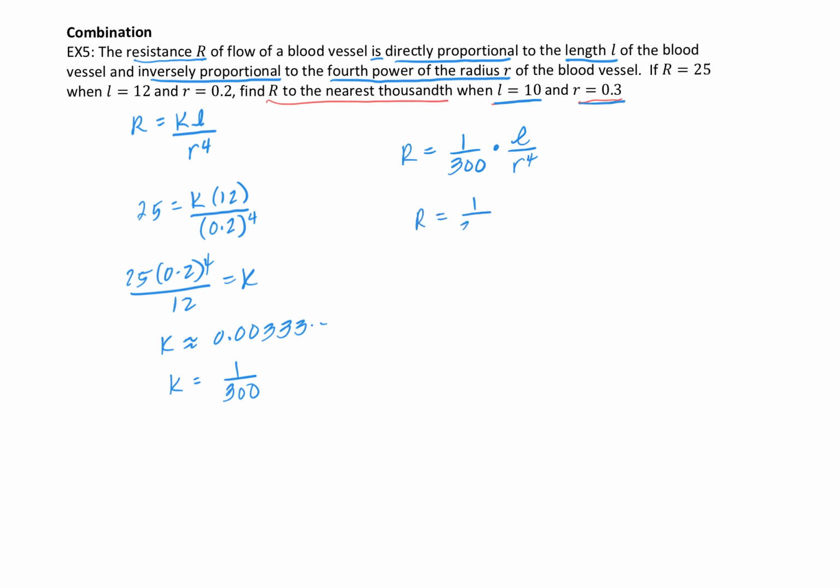So 1 over 300 times L is 10, r is 0.3, but we're taking it to the fourth power. You can just put that in a calculator. You can see that you could reduce the 10 and the 300, so it'd be 1 over 30.